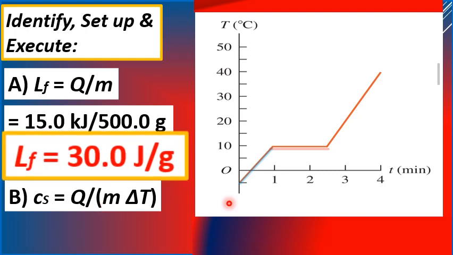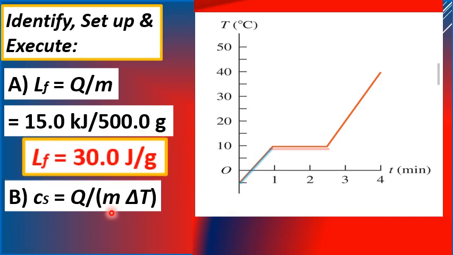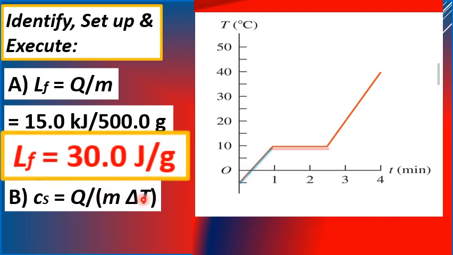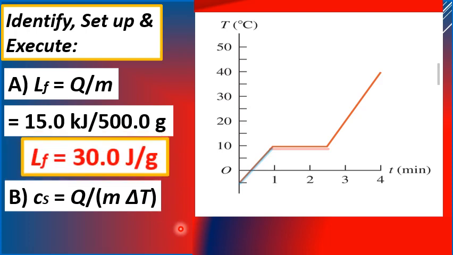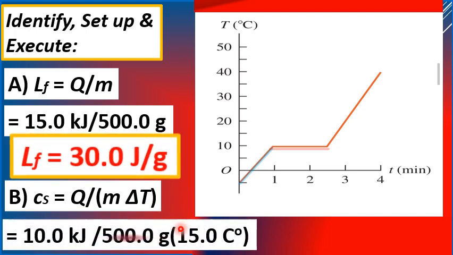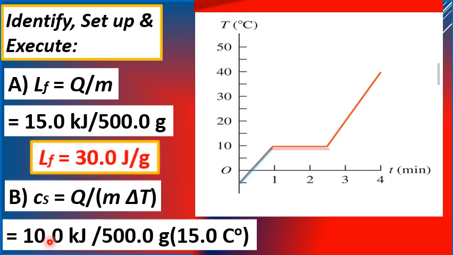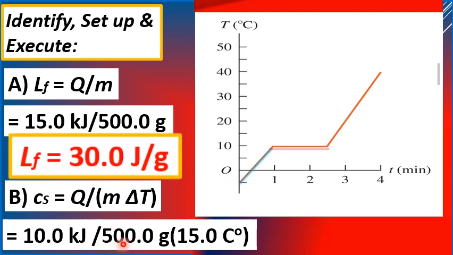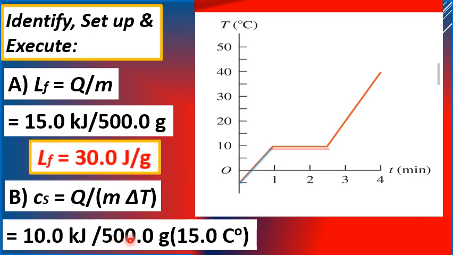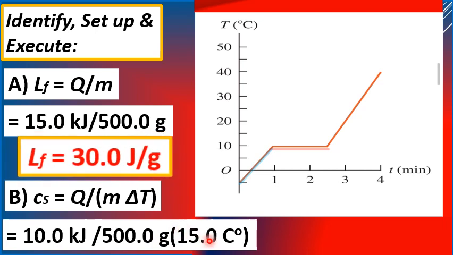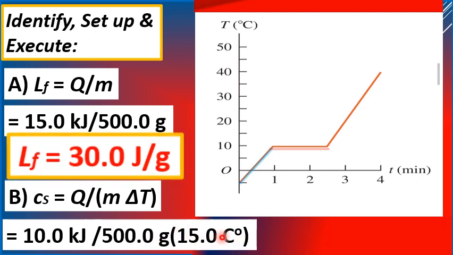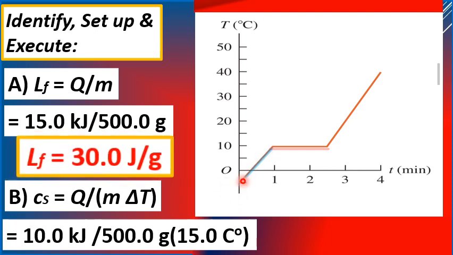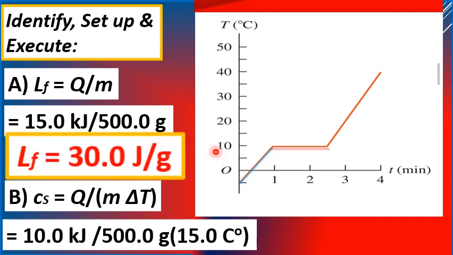We divide the amount of thermal energy absorbed, capital Q, by the product of the mass of the substance and the change in temperature delta T. That is 10.0 kilojoules, actually 10,000 joules, divided by the product of its mass, 500.0 grams, and delta T, 15.0 Celsius degrees, because from negative 5 the temperature rises to positive 10 degrees Celsius.